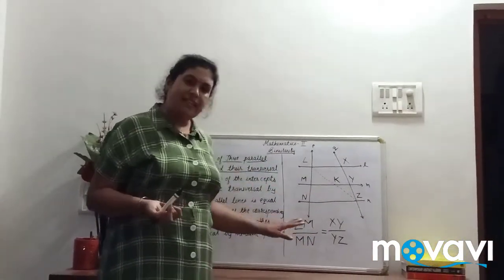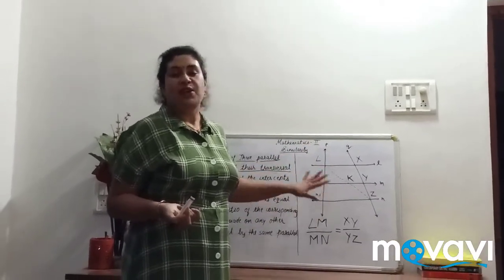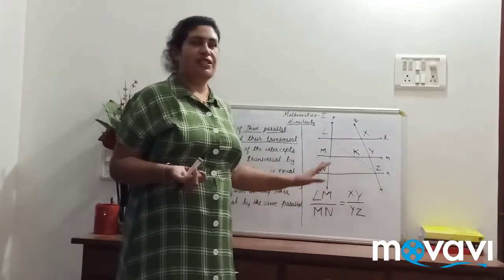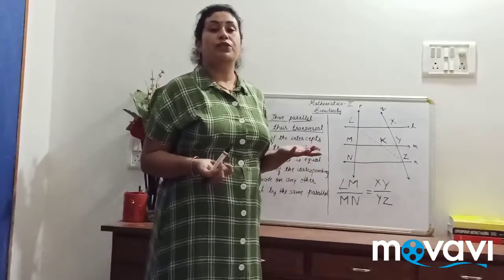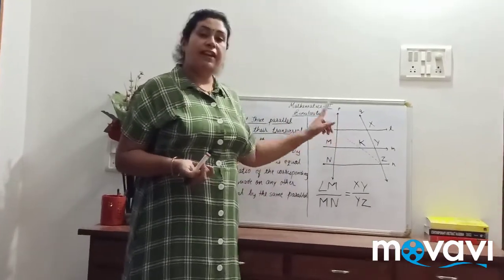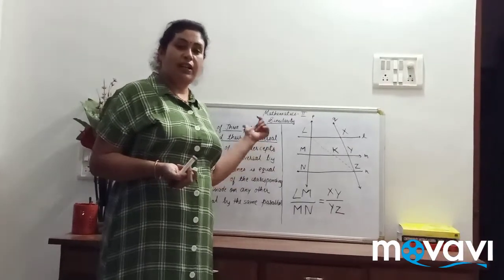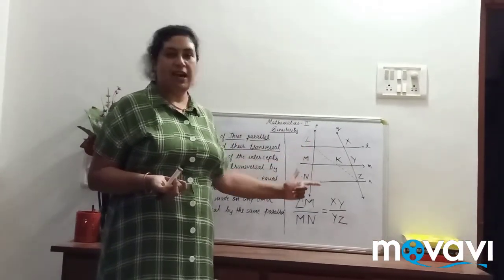This is quite easy. Don't expect me to write the proof for these things. You can go through your textbook. You can read it once for yourself. You can change the letters of your diagram and try to write it on your own. But understand, whenever you are writing a proof, or a theorem or a property statement has been given, first thing is the diagram, must.